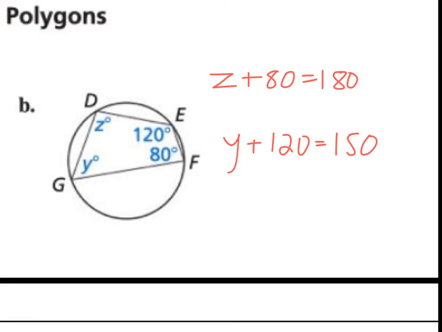Here's the thing. You could add up all of these and set them equal to 360. It's not going to help you, though, because you can't solve for two variables at once. So z would be 100, and y would be 60.